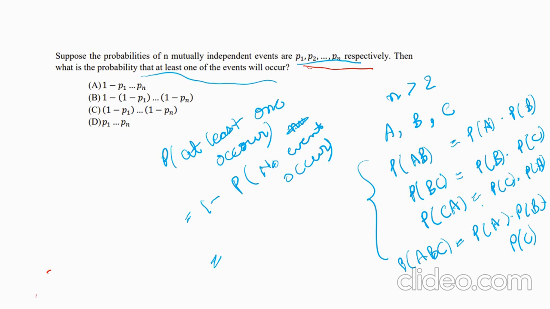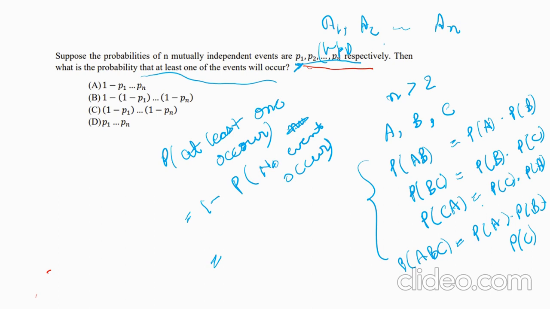Let's say we have the events A1, A2 up to An. The probability of A1 occurring is P1, so the probability of A1 not occurring will be 1 minus P1.